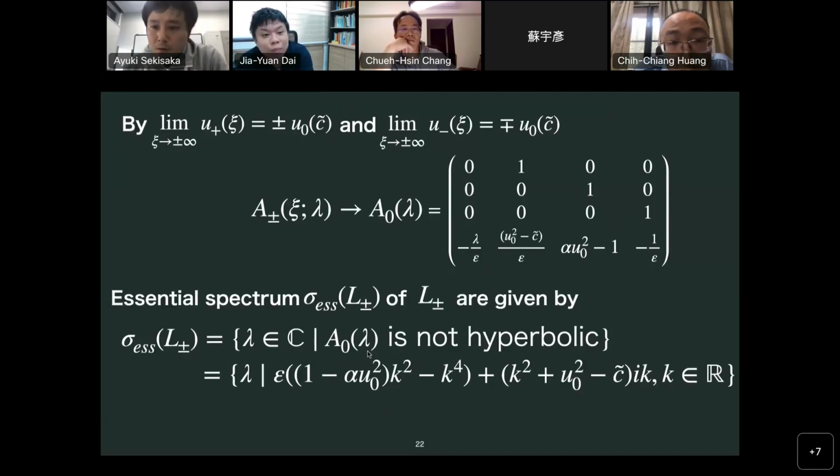Should this relation be equal to zero? Is epsilon times 1 minus alpha u naught squared equal to zero or something else? Oh sorry, I made a mistake. So lambda is equal to this. Oh, I see. Thank you, very good.